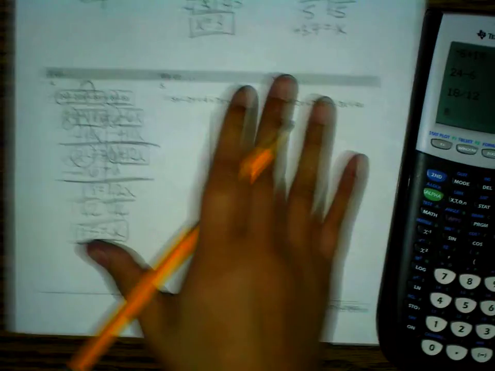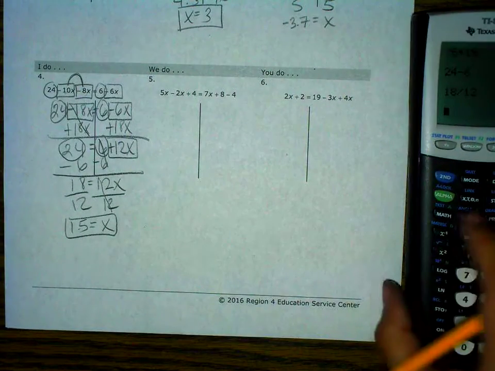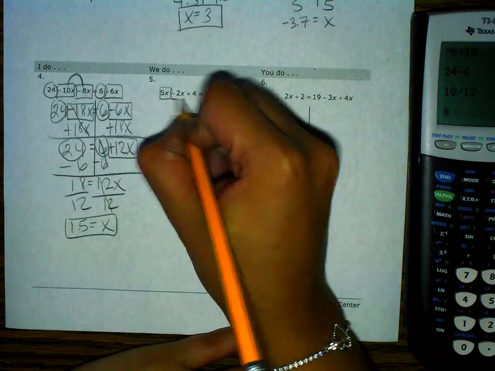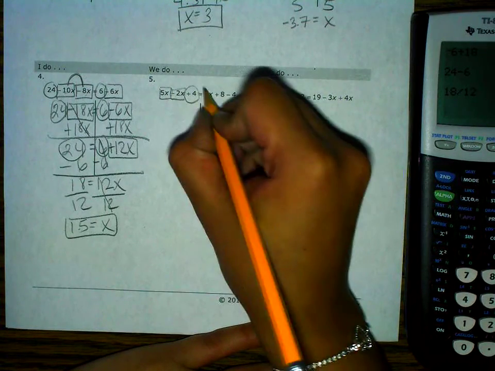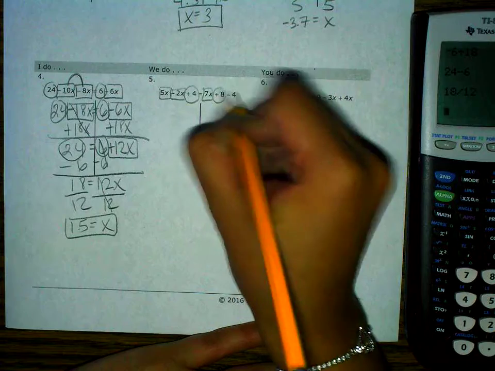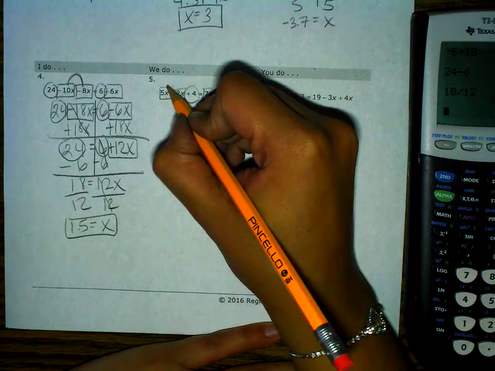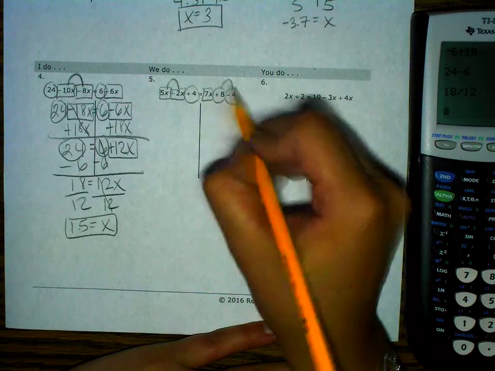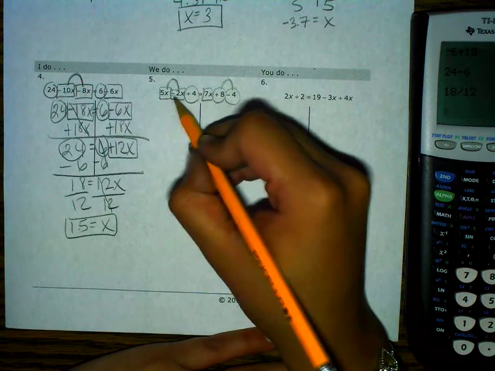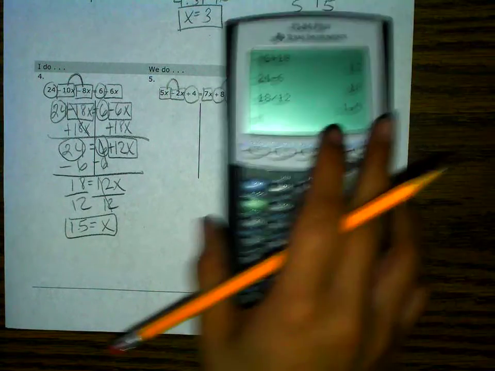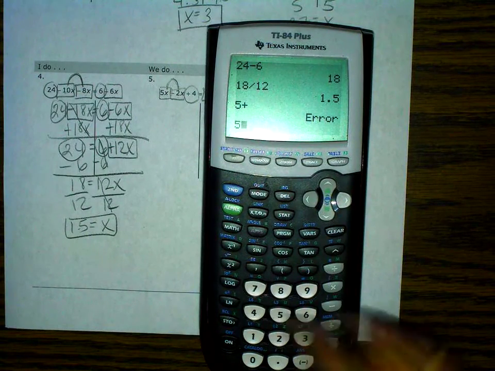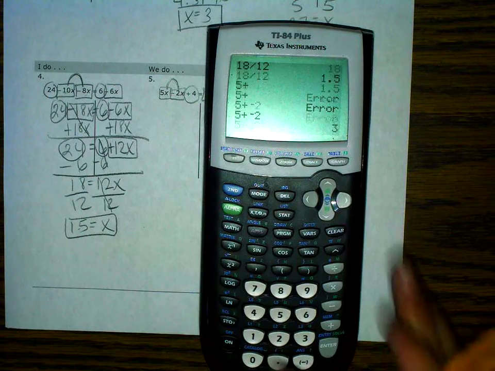Okay, moving on to number 5. So here you would have noticed there's a box, circle, box, circle, circle. So these two are the same shape. These two are the same shape. So we're going to combine those. So 5 plus -2, enter, is 3.